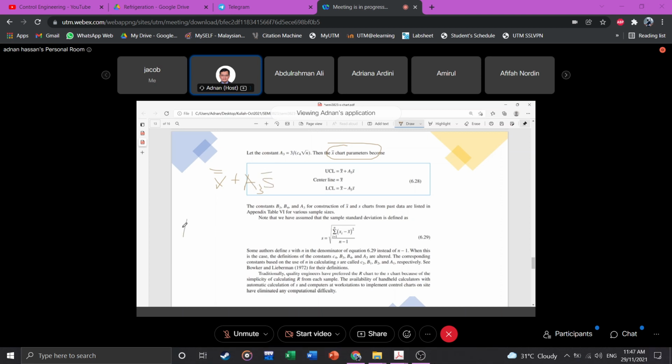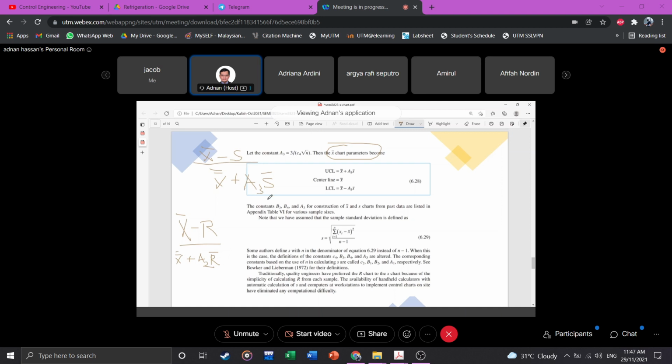Previously, in the X bar and R chart, what we used was X bar plus A2 R bar. But this is the S chart, the case of X and S.